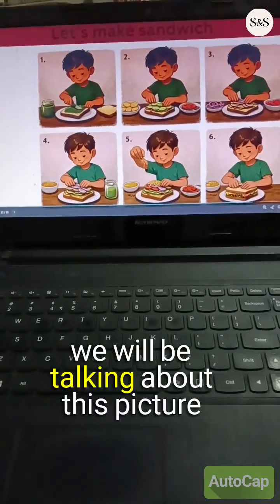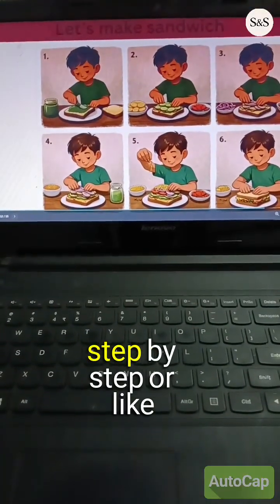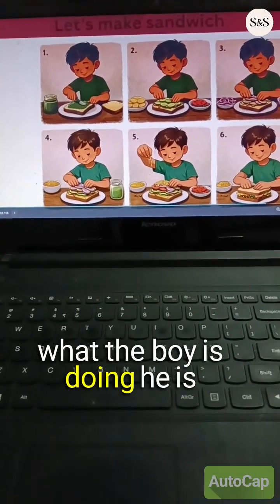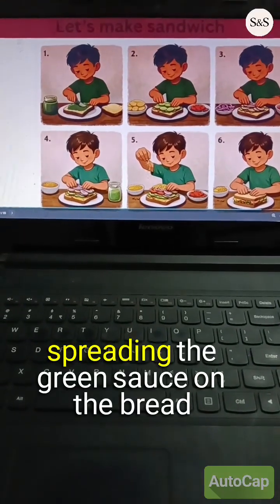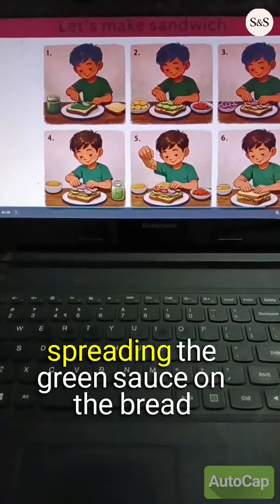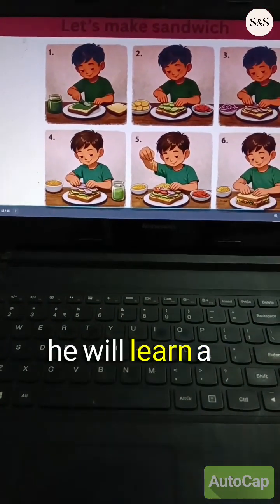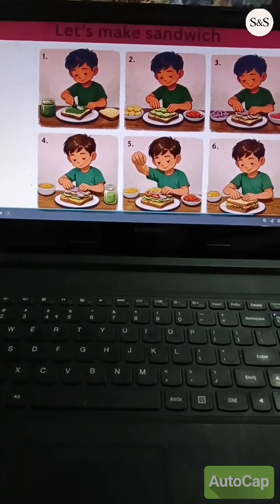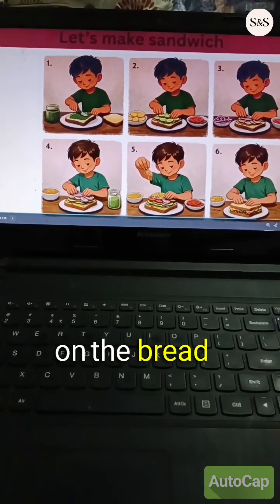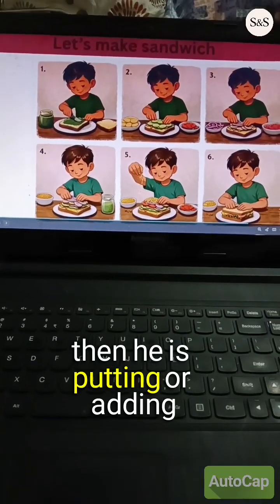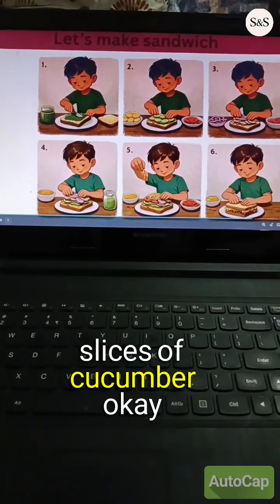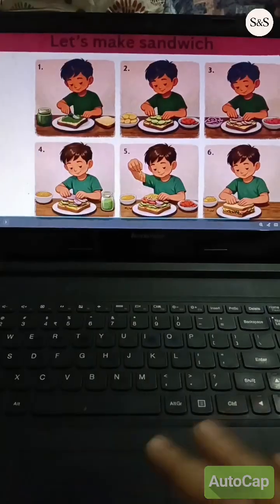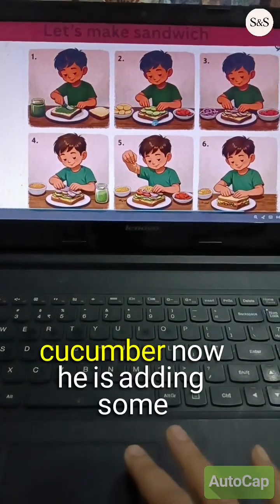Now again we will be talking about this picture step by step. What the boy is doing, he's spreading the green sauce on the bread. Now again he will learn a phrase like spreading the sauce on the bread. Then he's adding slices of cucumber.